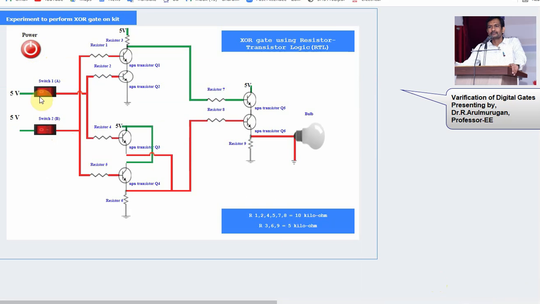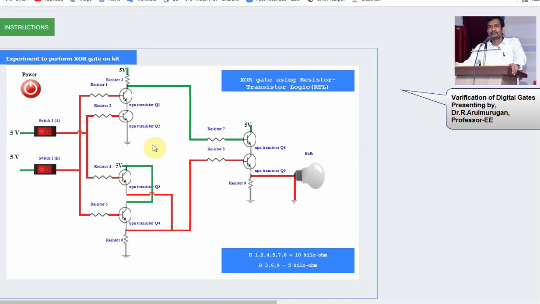See there, 0 0, output is 0. 1 1, output is 0. 0 0, output is 0. 1 1, output is 0. Any one present, output is present.